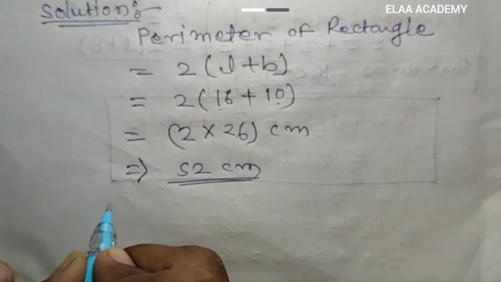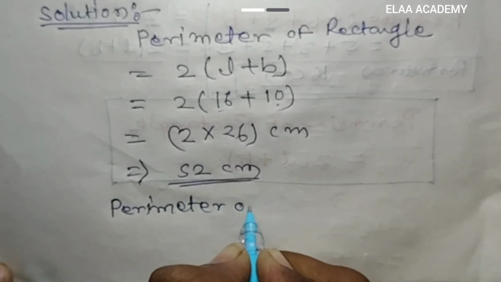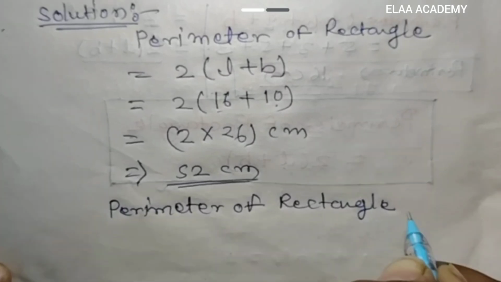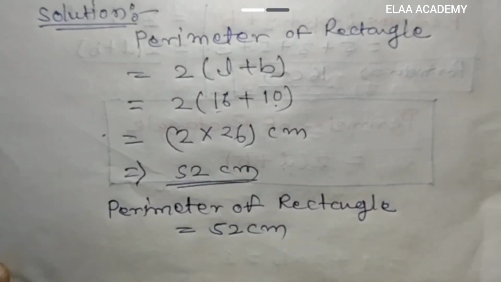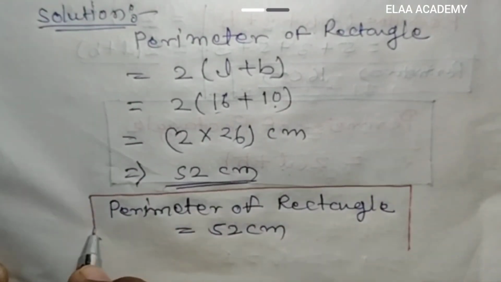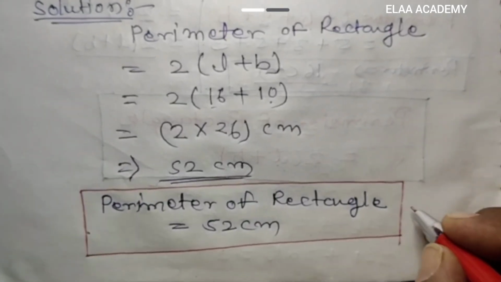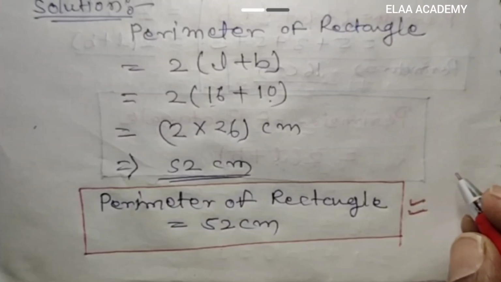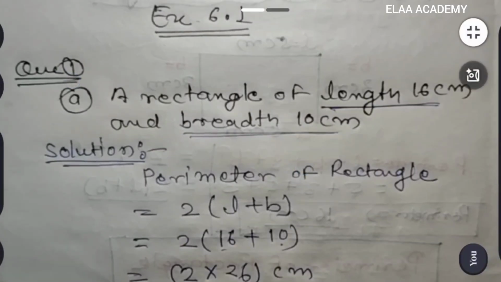We can write the answer as: perimeter of rectangle is equal to 52 centimeter. Okay beta, perimeter of rectangle is equal to 52 centimeter.